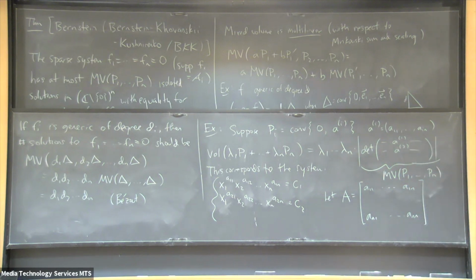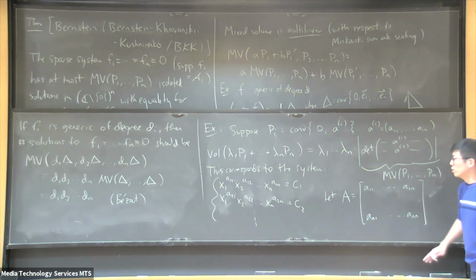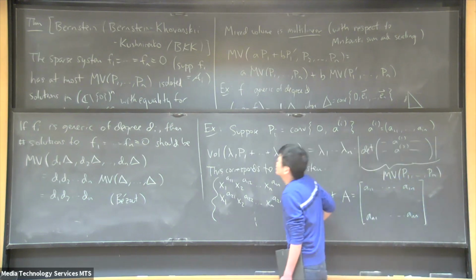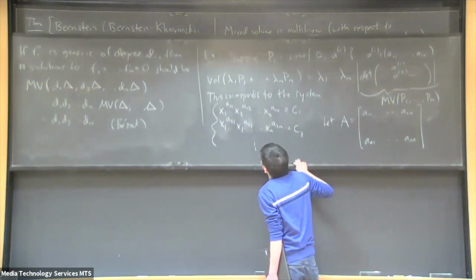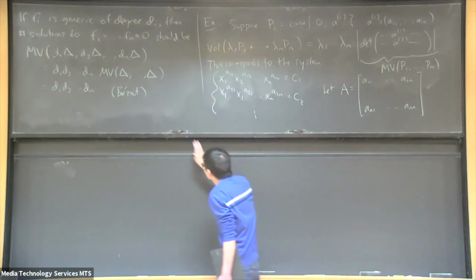Okay, so if you have some integer system like this, one way that you can try to solve it is to do row operations and turn this into an upper triangular matrix. This is usually called putting A into Hermite normal form.